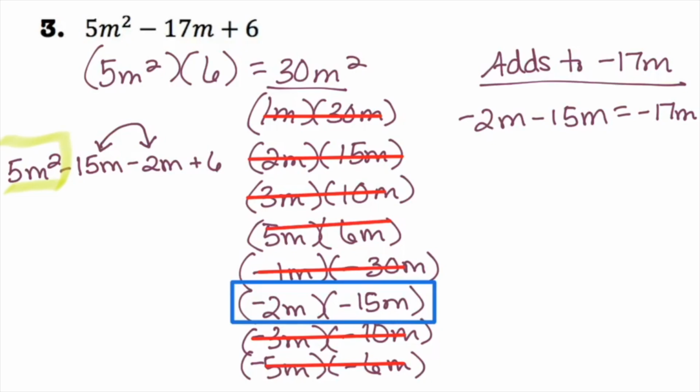You can pull out a number and a variable. So if you just write it negative 2m minus 15m, you're going to have to rearrange it at the end. So just be aware of that when you're putting them in. If you can flip them and have more in common, then do it before you get started. You don't always have to. It's just whether or not it's going to have more in common.